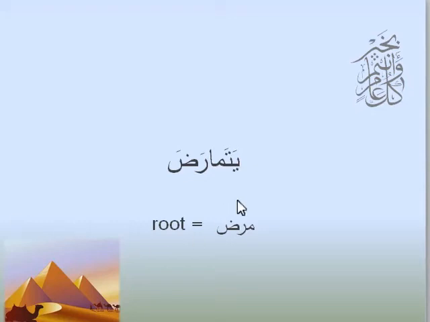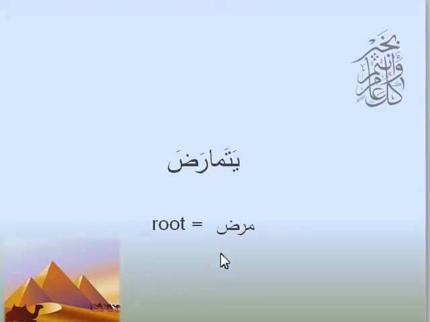The root clearly is marada. Now, then the next thing we always want to do is rack our brains and think, what word do you know from this root? And think of anything, no matter how strange and obscure and inappropriate it seems. Think of any word from this root.